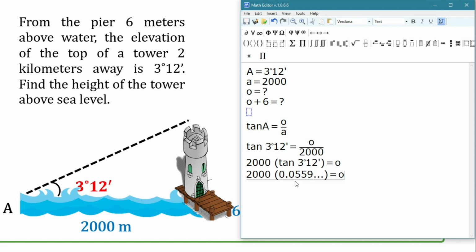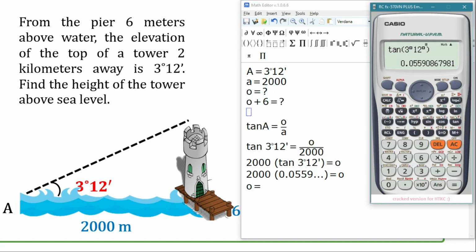So, what we are going to do is simplify 2,000 multiplied by the function value of the tangent of 3 degrees and 12 minutes. That is equivalent to 111.82. So, that's gonna be the value of our opposite side. Okay, ulitin lang natin.